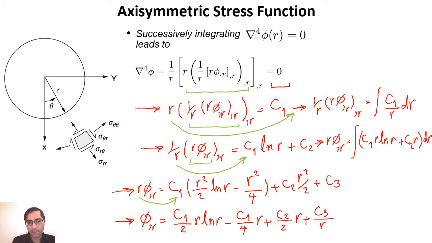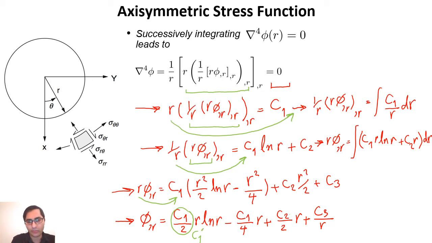Okay, for simplicity, I'm going to name this one c1 prime, because c1 divided by 2 is a constant, and I don't want to repeat c1 divided by 2 everywhere.